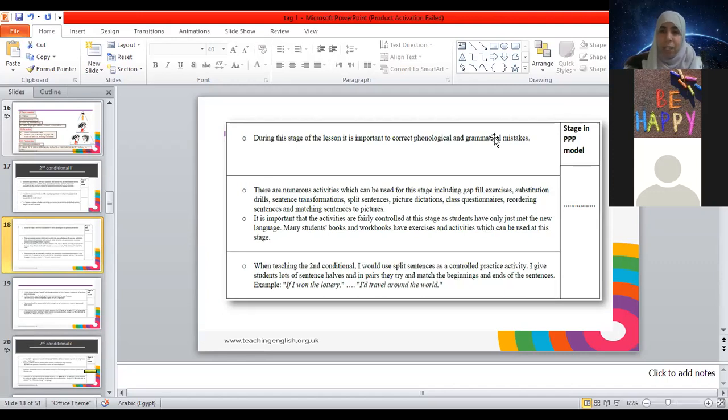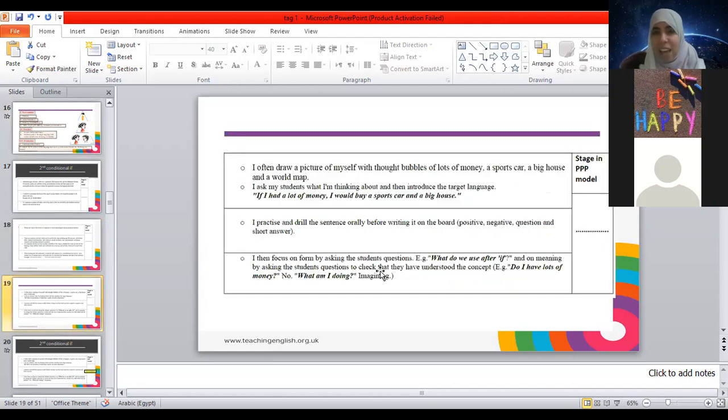So the students here practice the grammatical rule, but in a controlled way, because I give them the sentences. Number 3, and I love the way of presentation of the grammar. I often draw a picture of myself with thought bubbles of a lot of money, a sports car, a big house, a world map.